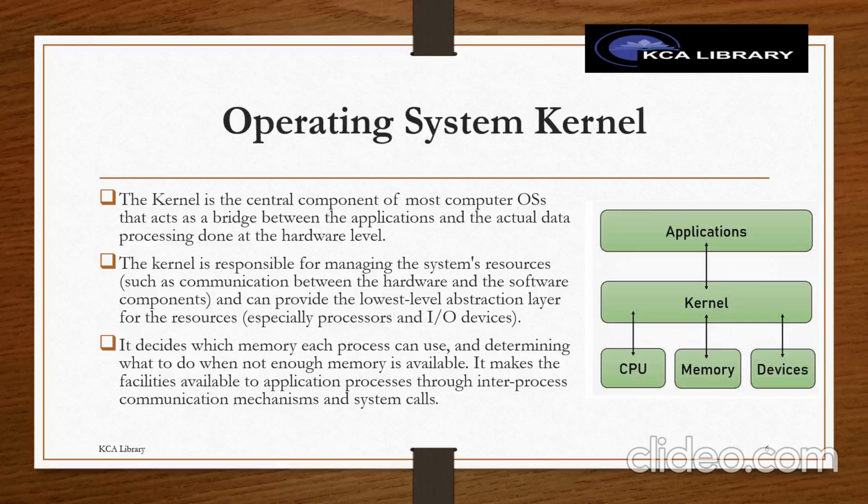The kernel is responsible for managing the system resources, for example, communication between the hardware and software, and can provide the lowest level abstraction layer for the resources, especially processors and the input and output devices. So the kernel basically creates a connection between the hardware and the software of a computer system.